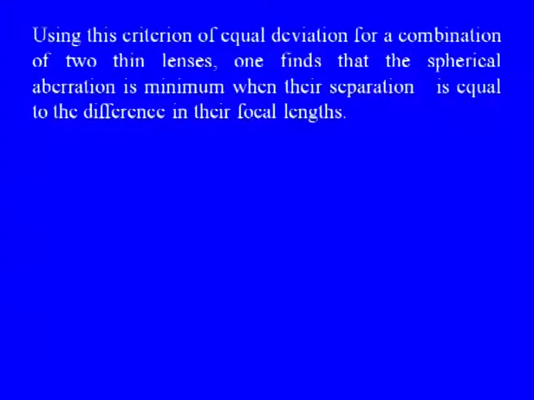So, with 4 radii to manipulate, 2 for each lens, other aberrations like chromatic aberration can be reduced at the same time. Now, using this criterion of equal deviation for a combination of two thin lenses, one finds that the spherical aberration is minimum when their separation is equal to the difference in their focal lengths.